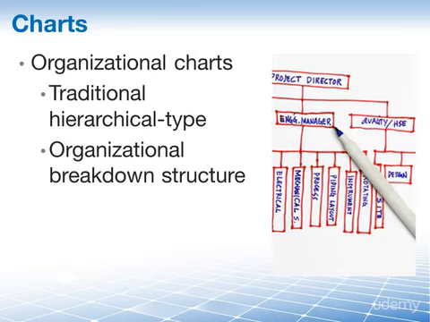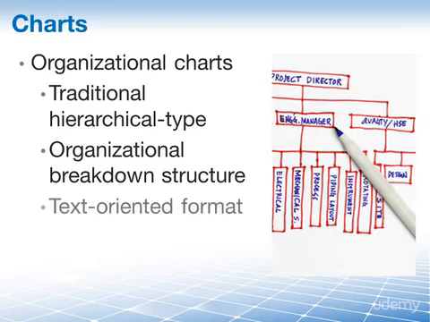Then there are also text-oriented formats, which basically list these out. These could mirror an outline or a spreadsheet or any type of document listing the role descriptions, authority level, responsibilities, team involvement, qualifications, and so on. Just think of an OBS, a chart that you describe in a text format.